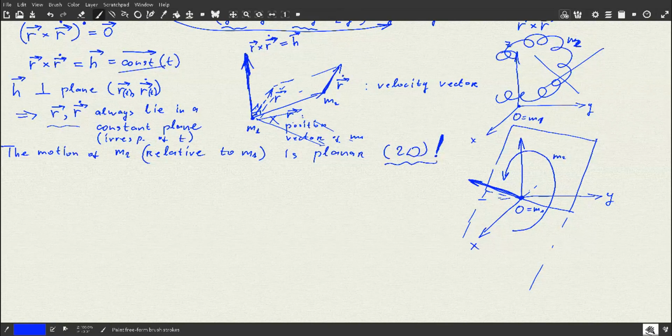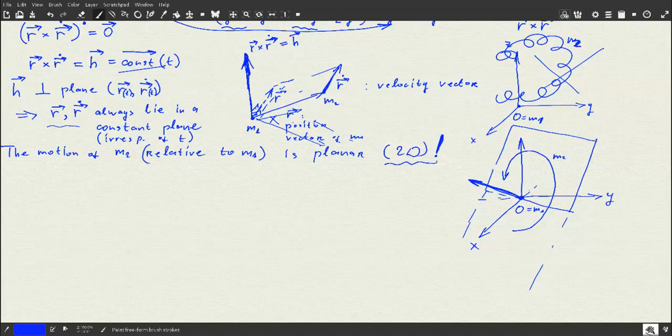And now it is very easy to see that this is indeed the plane in which the whole trajectory of M2 occurs. Because if r and r dot always lie in the same plane, first of all, vector r always lies in the same plane, and this is sufficient.